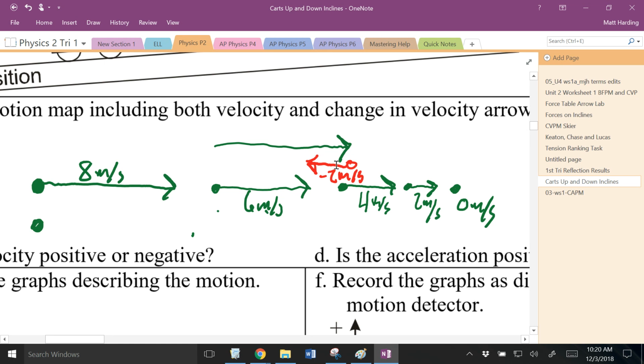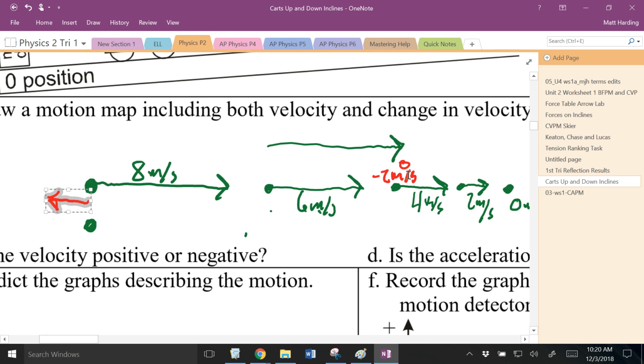Eight plus negative 2, that's how I get 6. 6 plus negative 2, that's how I'm going to get 4. 4 plus negative 2, that's how I'm going to get 2. And then finally 2 plus negative 2, that's how I'm going to get 0. So the hollow dot arrows for this part of it point the other direction.